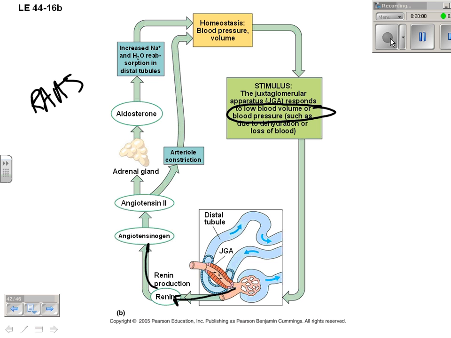Renin leads to angiotensinogen to angiotensin, which makes arterioles constrict, so reducing the size of the blood vessel, which would increase blood pressure. Also makes the adrenal gland produce aldosterone, which increases the amount of water absorption to increase blood pressure and blood volume.